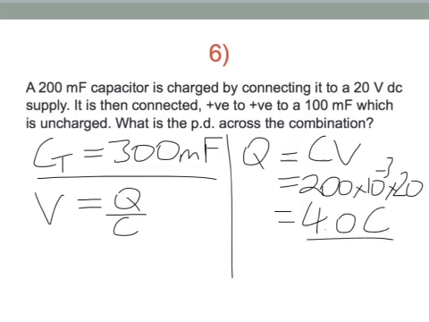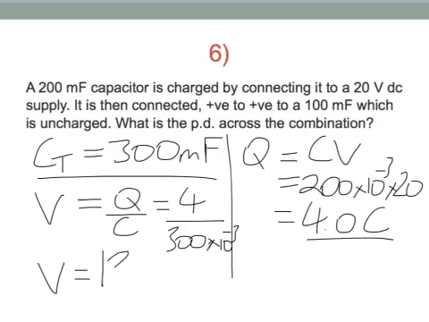Now we have that, we can plug it into this equation over here. So it's going to be 4 divided by the value we just calculated, 300 times 10 to the negative 3. So the V, the PD equals, now of course this will be across both capacitors since they're in parallel, the same voltage exists across both, and that comes out to be 13.3 volts.